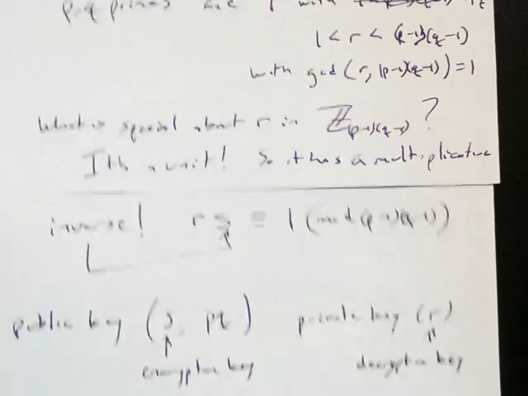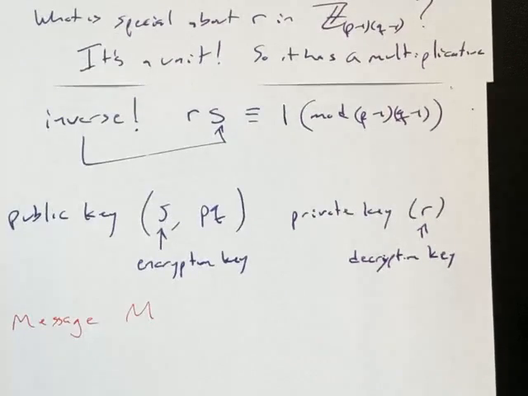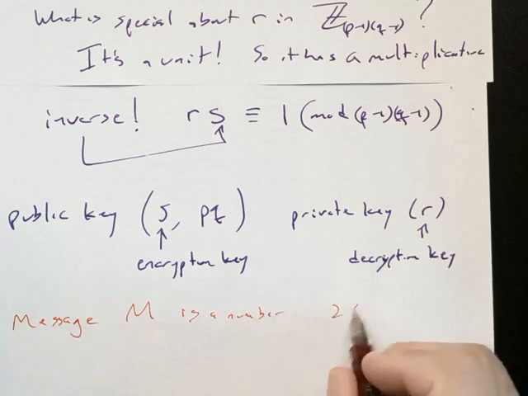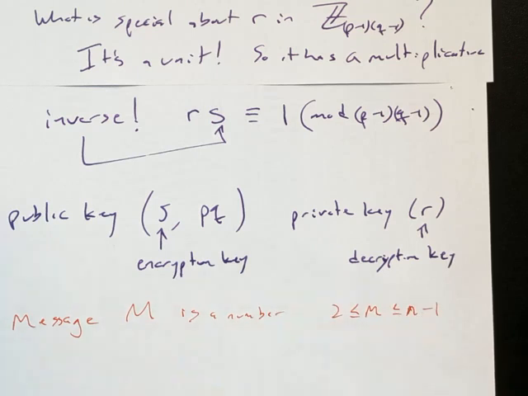So, how does this work? You have a message. You turn it into a string of numbers. I'm going to assume for the moment that the message M is between 2 and n minus 1 as a number, because if it was n, when I did mod n, it would be 0.